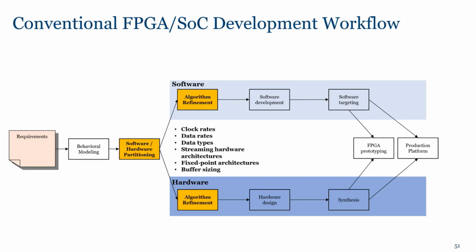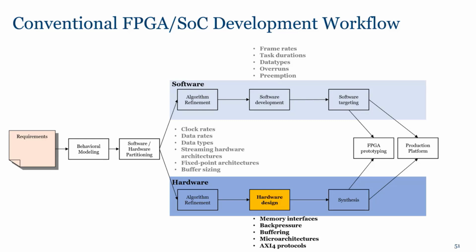But before coding starts, we have some refinements that are needed for the algorithm. For example, for behavioral models we often use frame-based instead of sample-based processing, but hardware design will require the introduction of streaming architectures.